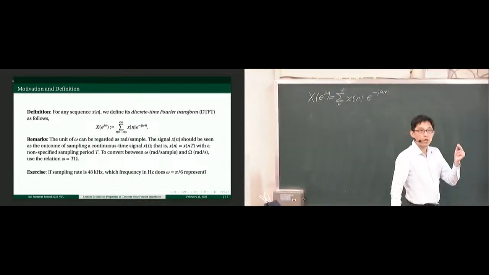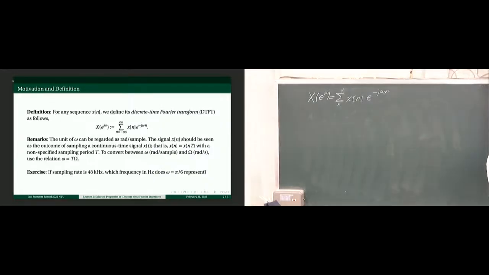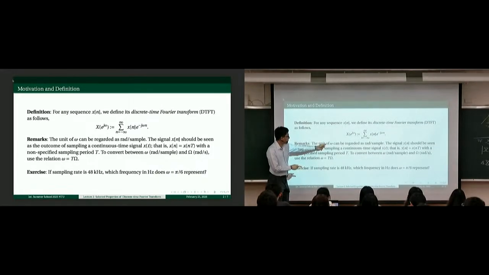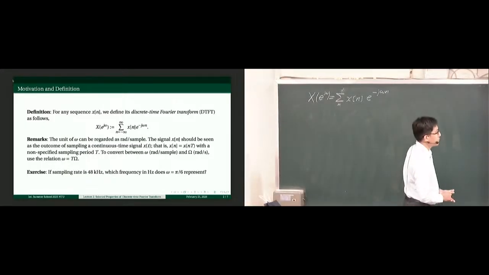Because omega tells you how much phase is increased when you jump from one sample to the next. High frequency, you have more phase jump. Low frequency, smaller jump. Therefore, the unit of frequency, as I recommend, should be radian per sample.